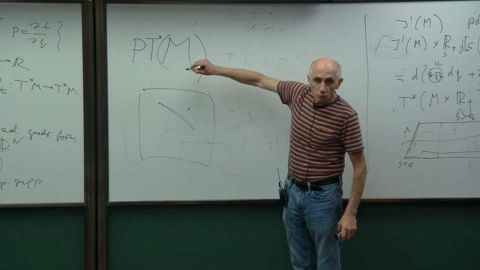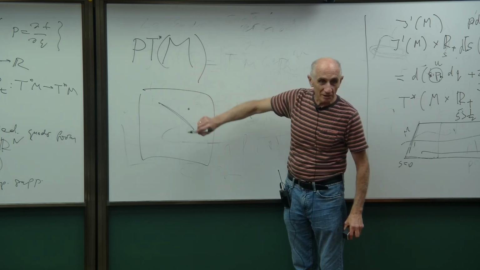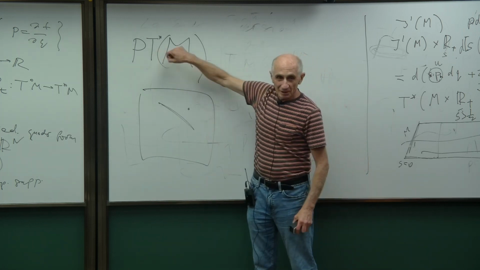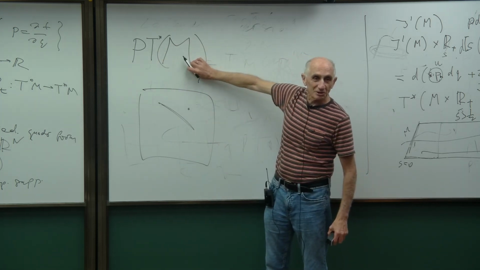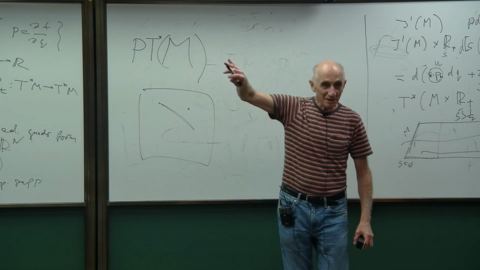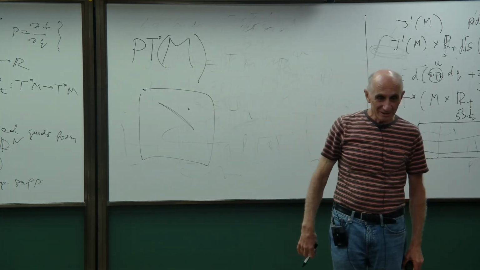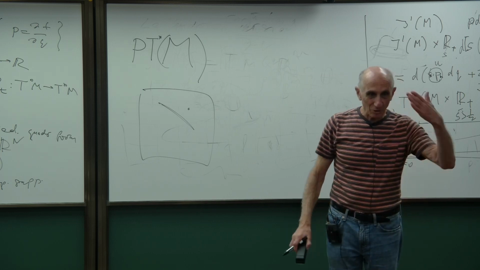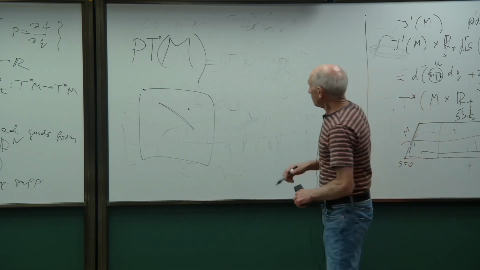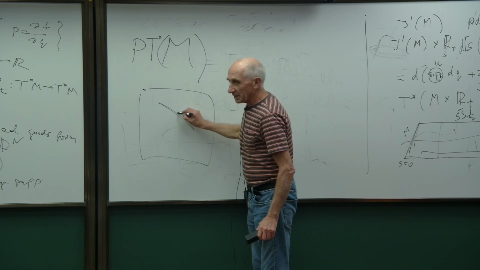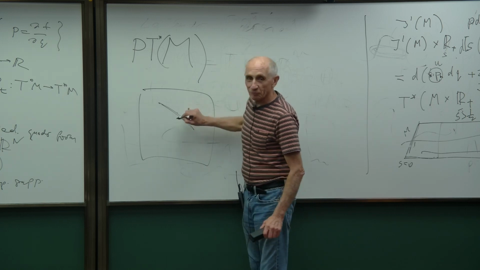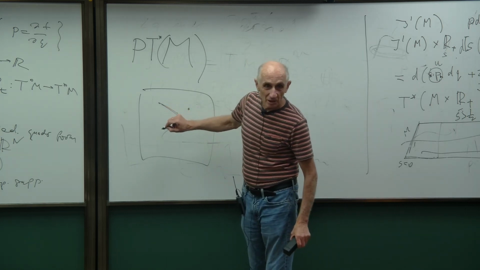Now there are two versions of this projectivization. You can projectivize, identifying proportional vectors with any nonzero constant or only with positive ones. The latter means it's a space of co-oriented contact elements.